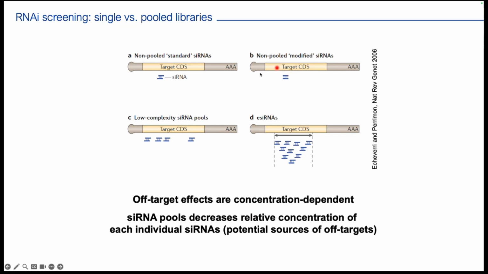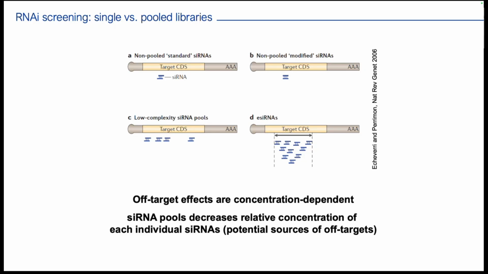And you can also combine these. So for example, our libraries for screening with sRNAs are composed of 4 sRNAs modified so that they have the best specificity possible. So this is the strategy to minimize the off-targets.